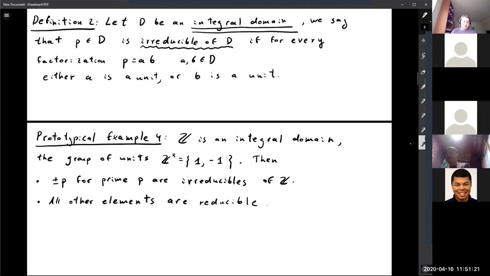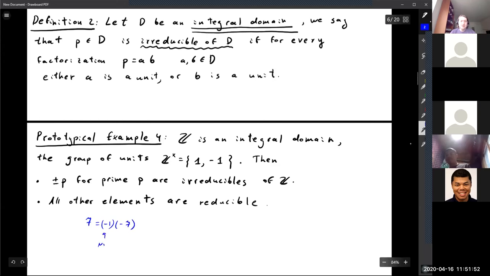Okay. Why didn't we define it by saying that either A or B has to be a unity? Well, because here's the point. Let's take 7. We can write 7 as -1 multiplied by -7.